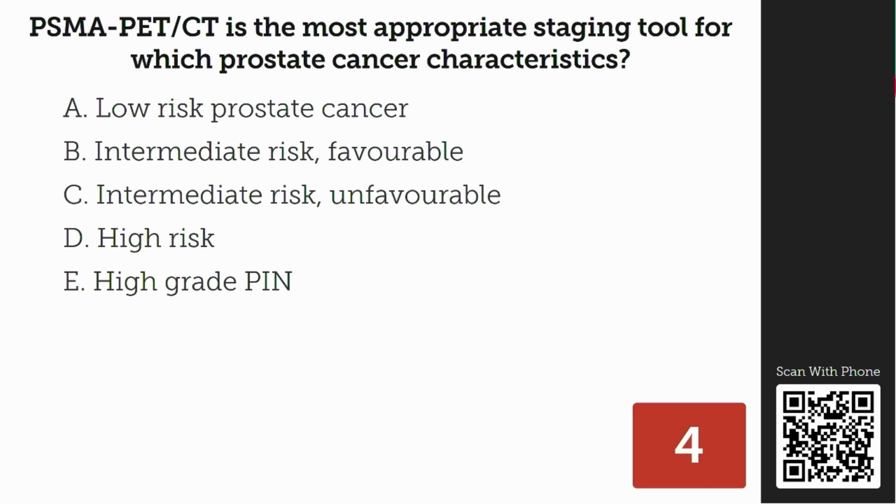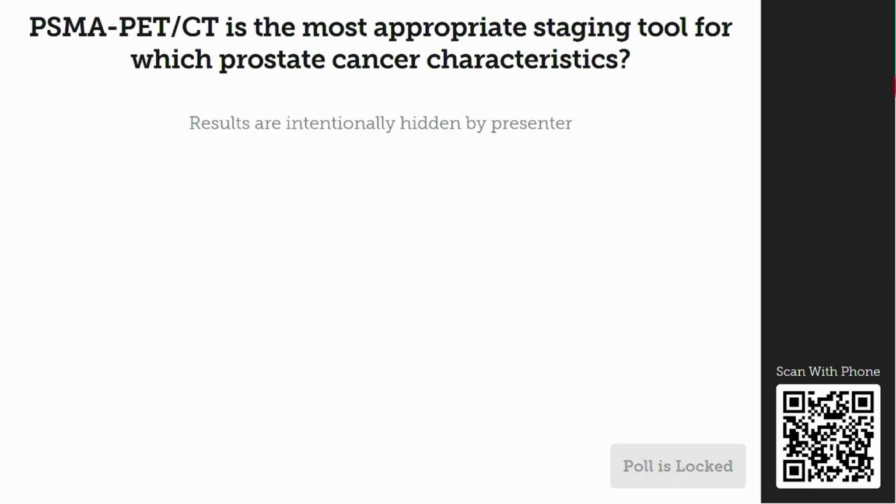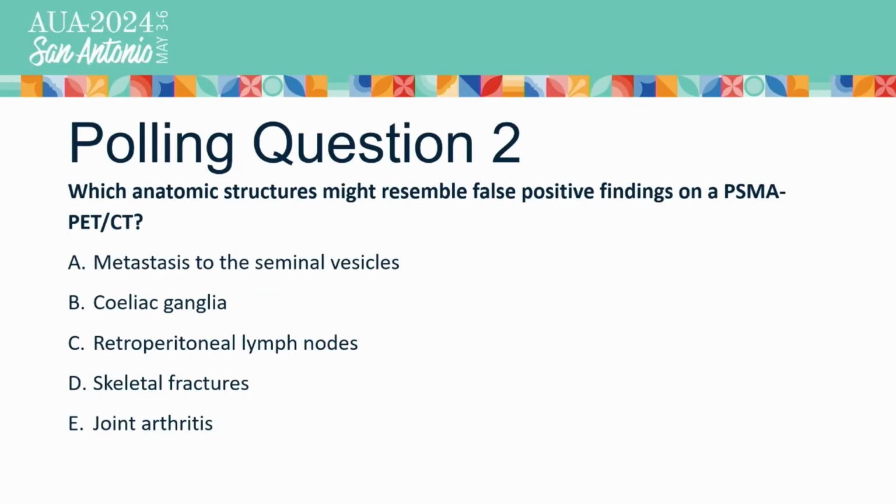We will not see the answers, unfortunately, so otherwise we could have discussed it. The second question is, which anatomic structure might resemble false positive findings on a PSMA PET CT scan? Could it be metastasis to the seminal vesicles? Could it be celiac ganglia, retroperitoneal lymph nodes, skeletal fractures, or joint arthritis?